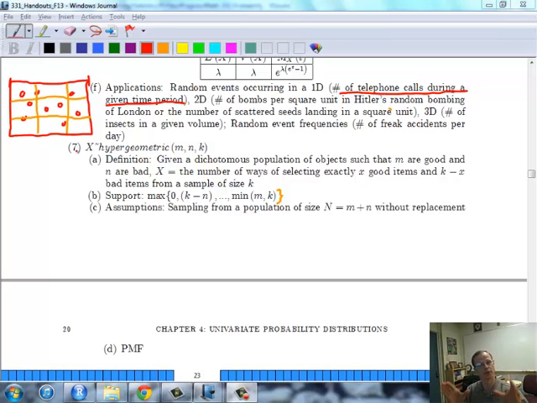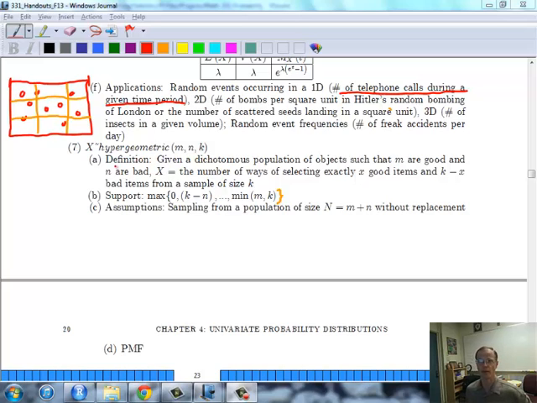So there's a known finitude to it. In the writing about hypergeometric, you're going to read about good and bad, but you could just as well think of success and fail. Good and success does not connote necessarily something pleasant or happy. It just denotes the thing that you're looking for.